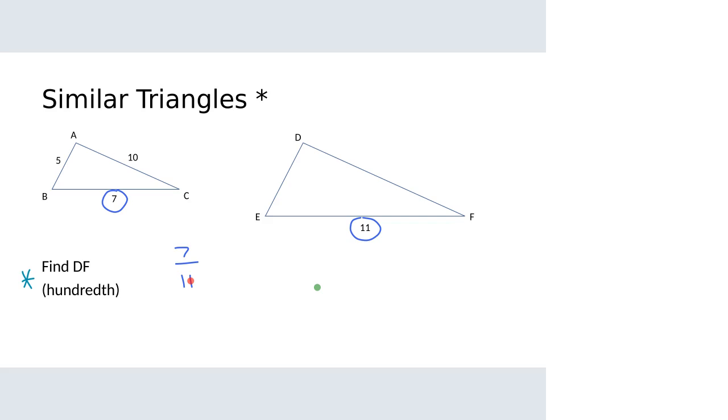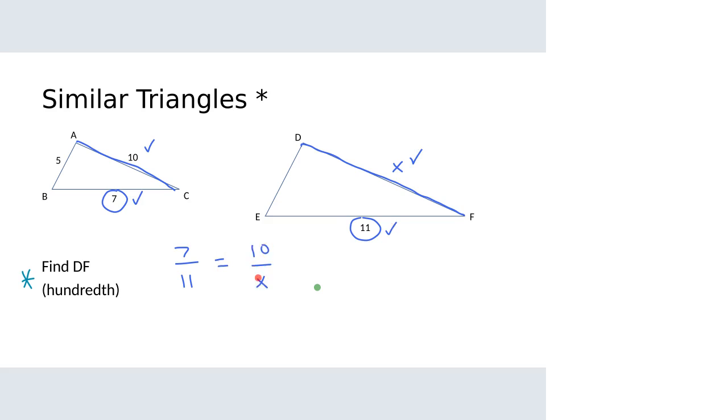It's kind of an analogy type of thing for those of you who like English. 7 is to 11 as, and now I have to figure out, okay, DF is the one I'm looking for, so that's here. I don't know what that is. I'll call it X. I need the corresponding part. That's this 10. So I have 7 is to 11 as 10 is to X.